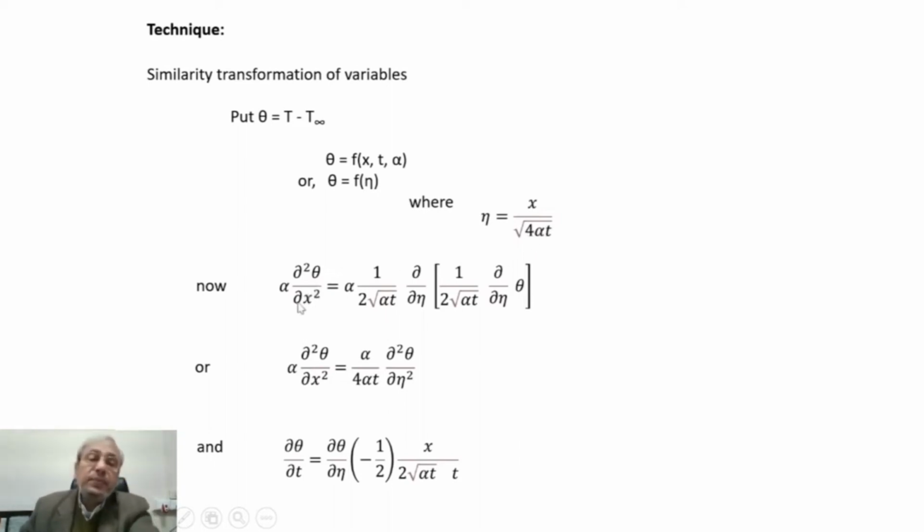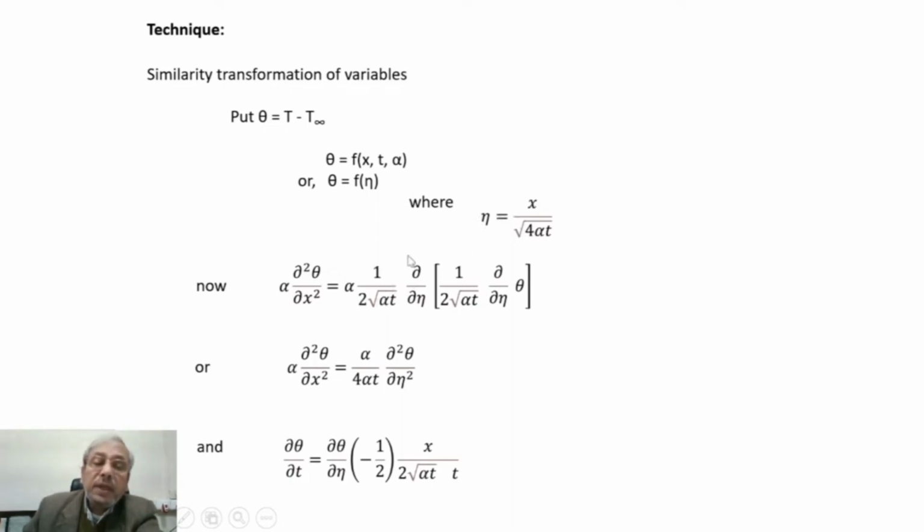So now if we find out alpha del 2 theta del x2, since eta equal to x by root over 4 alpha t, instead of writing del x, we can write basically 1 by 2 root alpha t into del eta.